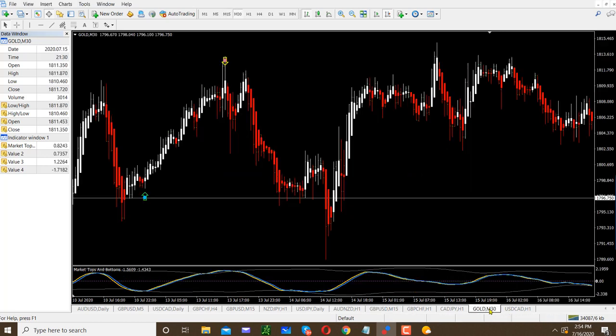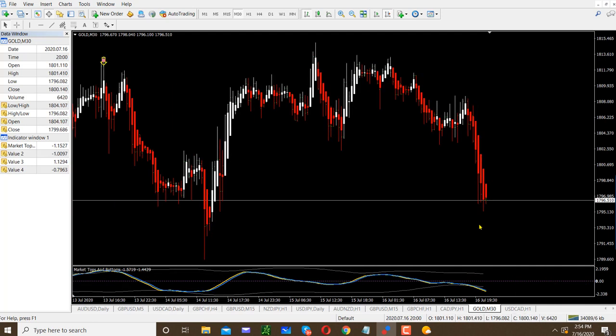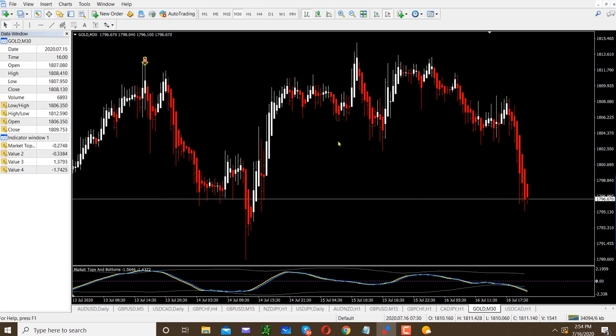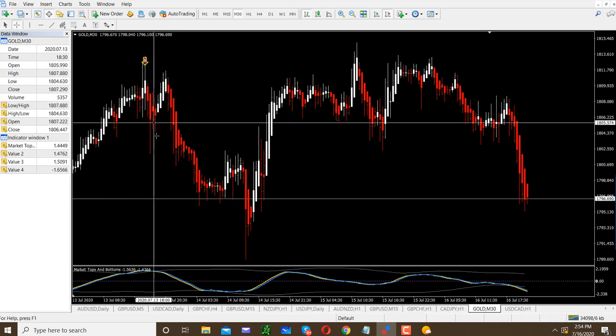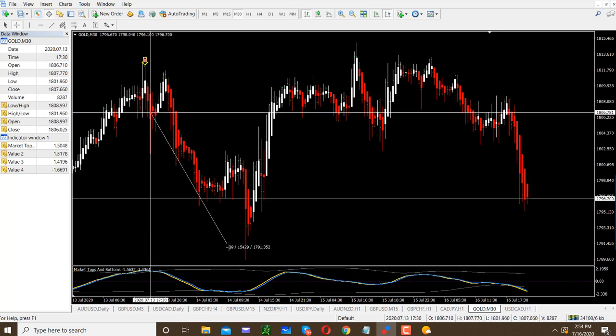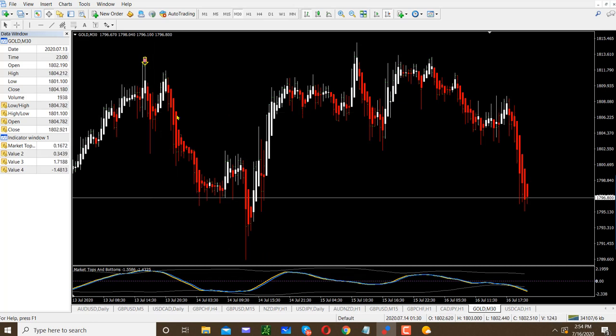Let's take a peek at gold, because I know a lot of people like to trade that. There haven't been any trades since the 13th. It caught this short down here, and basically the market went down about $16 from there. Of course, that was a tough run, because when you get in, it's going to go all the way back to where you got in.